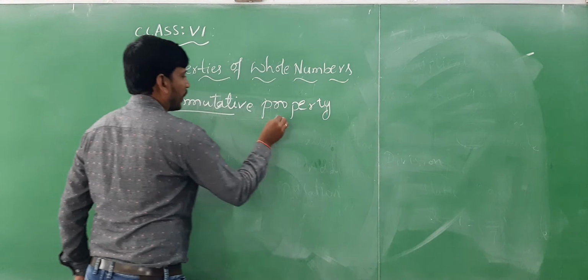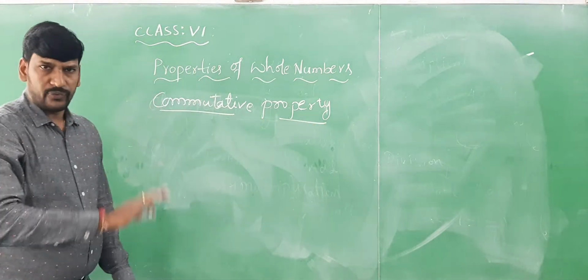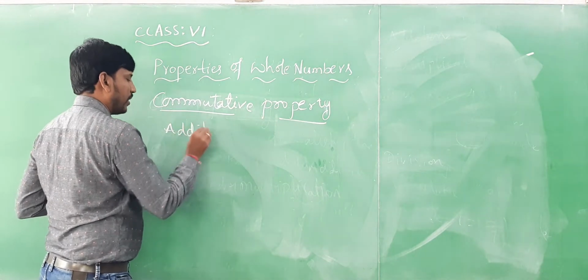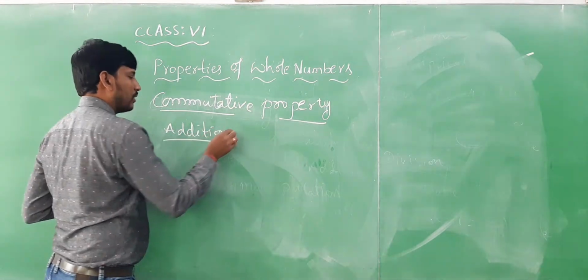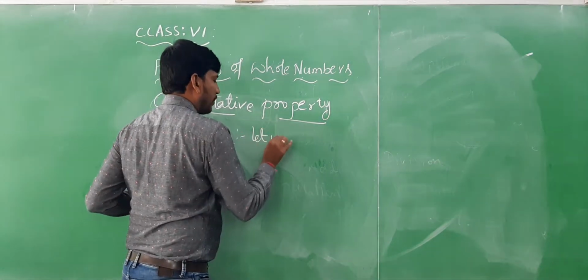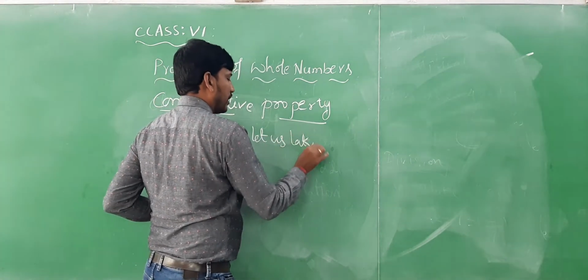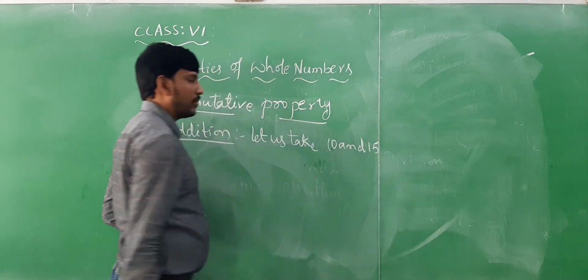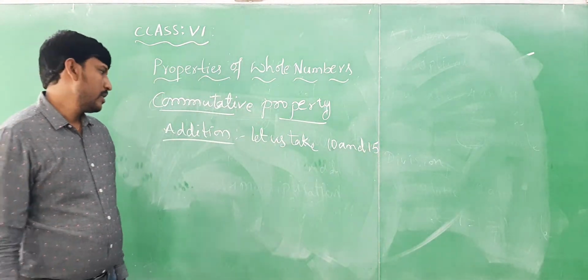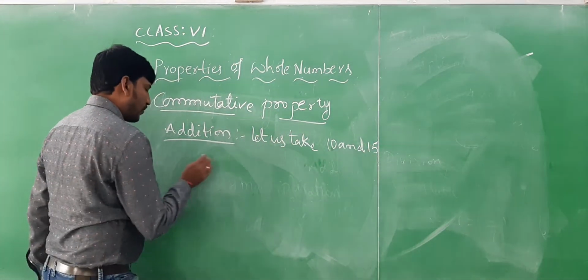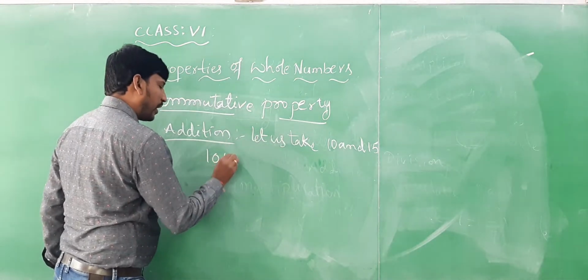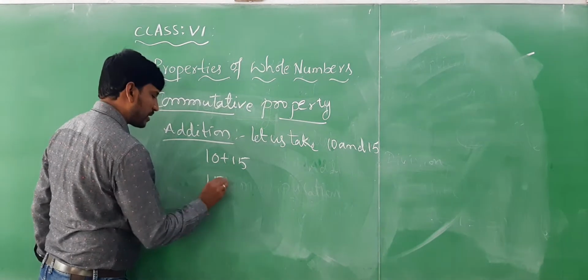The commutative property is checked under 4 conditions, that is addition and so on. First of all, take addition. Let us take any two numbers, 10 and 15. 10 is a whole number, 15 is a whole number. Now under addition, we need to find the sum of 10 plus 15 as well as 15 plus 10.